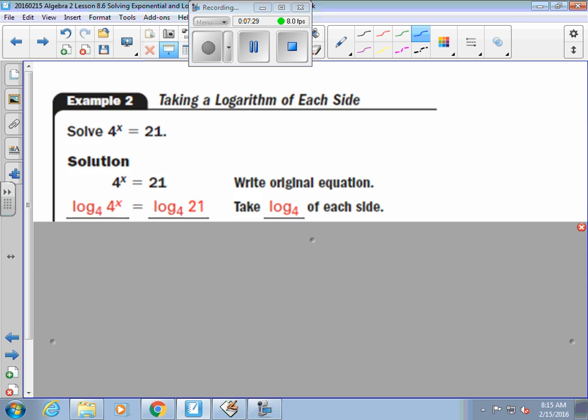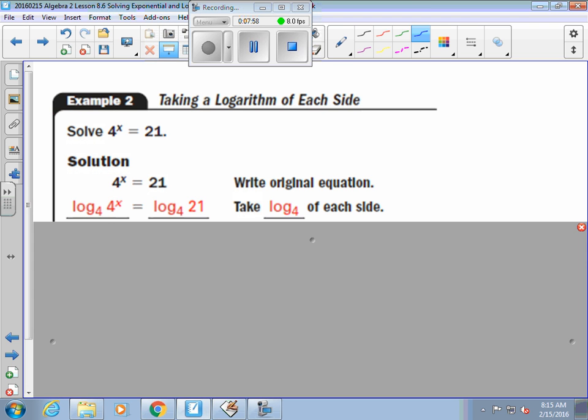Remember, if you do something to one side, you do it to the other side. You can add any number you want to an equation. You could multiply. You could subtract anything you want. But anytime you do it to one side of an equation, you have to do it to the other side to balance it. That's why we can take the log base 4 of both sides. And we get the log base 4 from the fact that it says 4 on that side, and 4 is being raised to the x power.